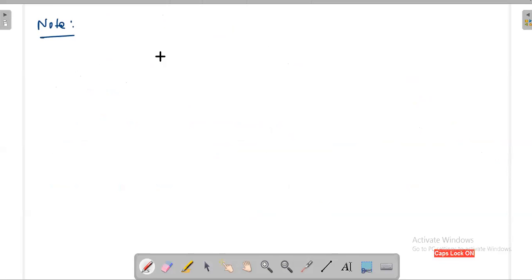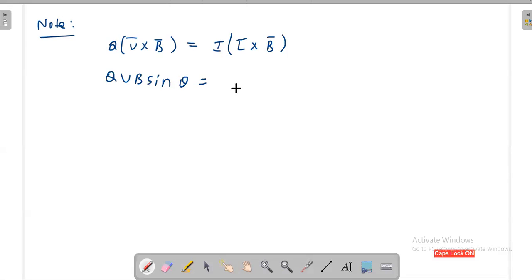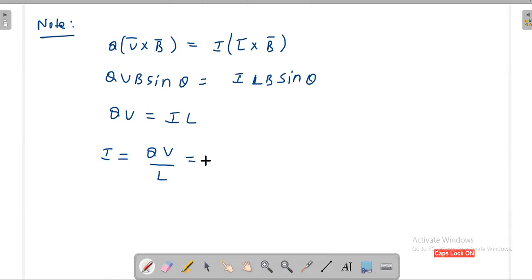We have two formulas: one is Q V cross B, and another one is I L cross B. Q V B sin theta, and this one is I L B sin theta. This is equal to Q into I L. Then what is I? I is equal to Q V divided by L. What is V?